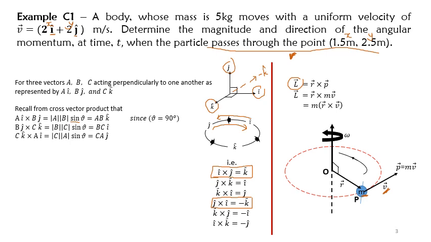So for BC now, you have j, k. You are going anti-clockwise. Then you have j cross k, and what you have is i.